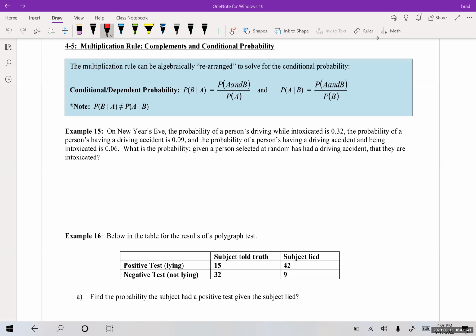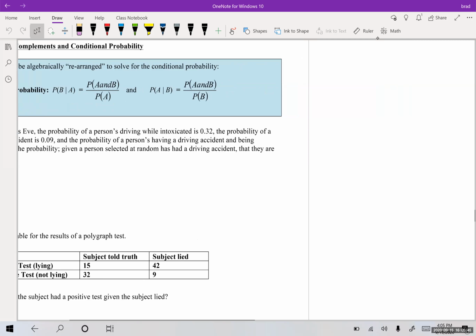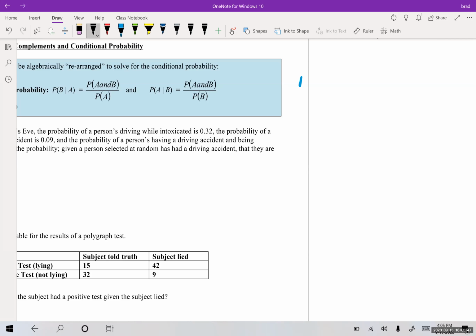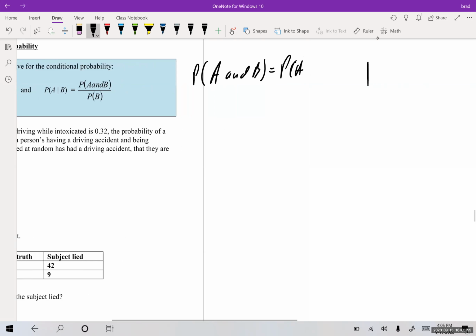If you remember from the previous section, we had the probability of A and B equal to the probability of A times the probability of B, given that A already occurred.